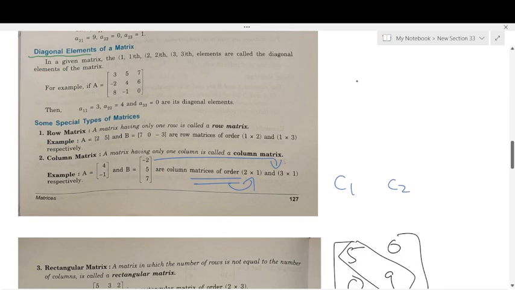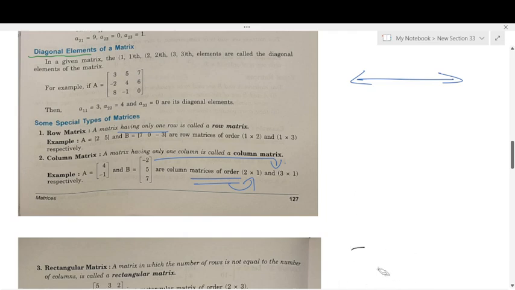This is what I told. A matrix having only one row, in this flat direction, we call it a row matrix. Then if it is straight, we call it a column matrix. Remember, only one column.